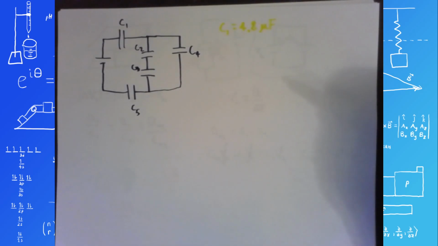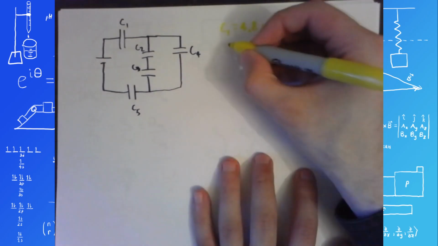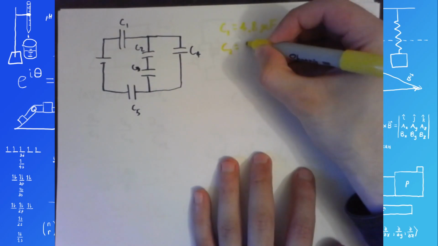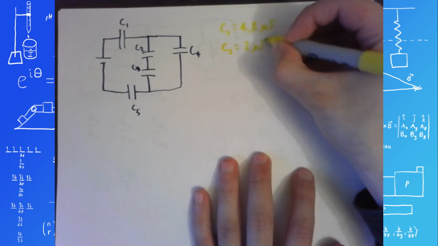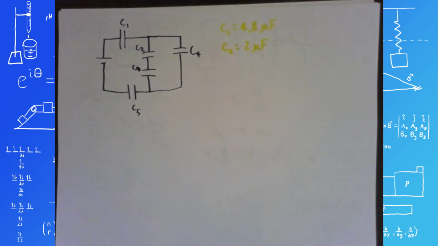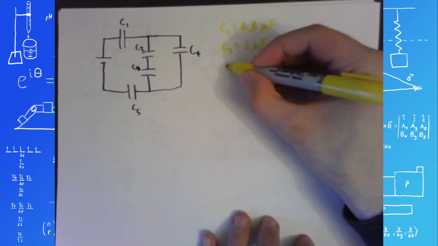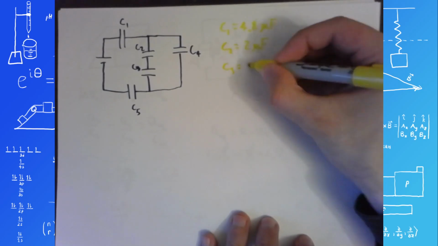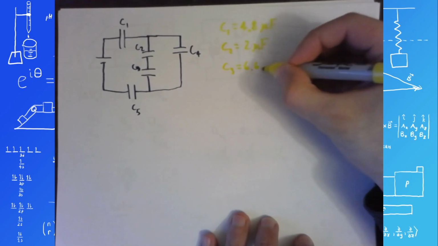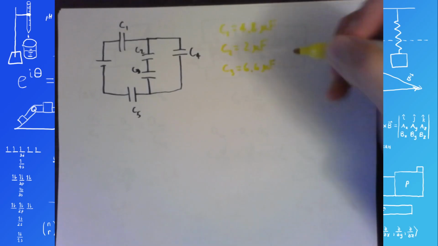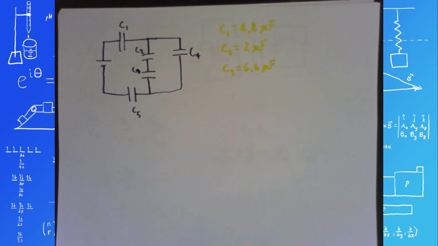Anyway, 4.8 microfarads is C1. C2 is 2 microfarads. C3 is 6.6 microfarads. C4 is 4.8.